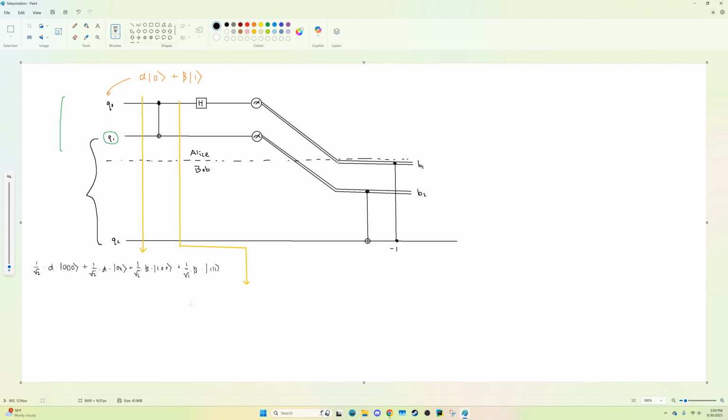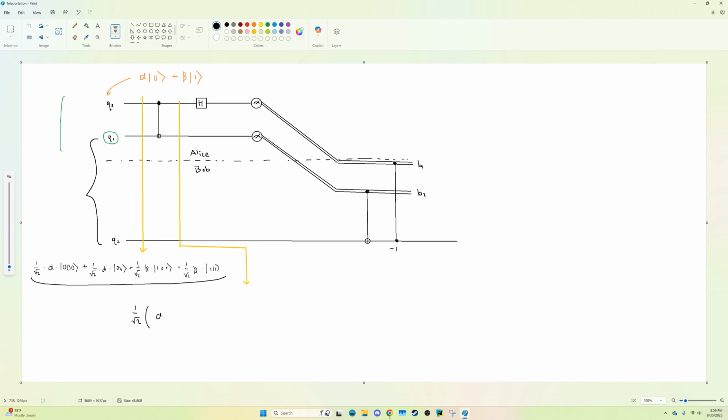what happens is we take this expanded notation and we just apply C naught where Q0 is the control and Q1 is the target. So wherever Q0 is a 1, we flip Q1. So there's nothing here, nothing here, here there's a 1, and here there's a 1. So it will become, and I'm going to factor out the 1 over square root of 2 right now.